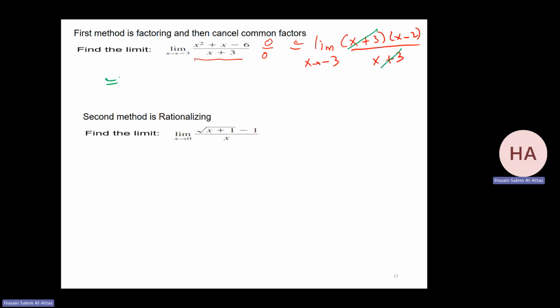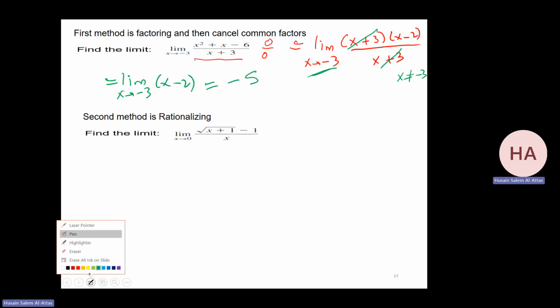So I'm getting the limit as x goes to minus 3 of x minus 2. These two limits are the same, and this is what we said here. If they are the same except at one point, then we can find the limit. Actually, I need to put a restriction, x not equal to minus 3. Finding the limit, I don't care about minus 3, so we can do this. That gives me minus 3 minus 2, which is minus 5.